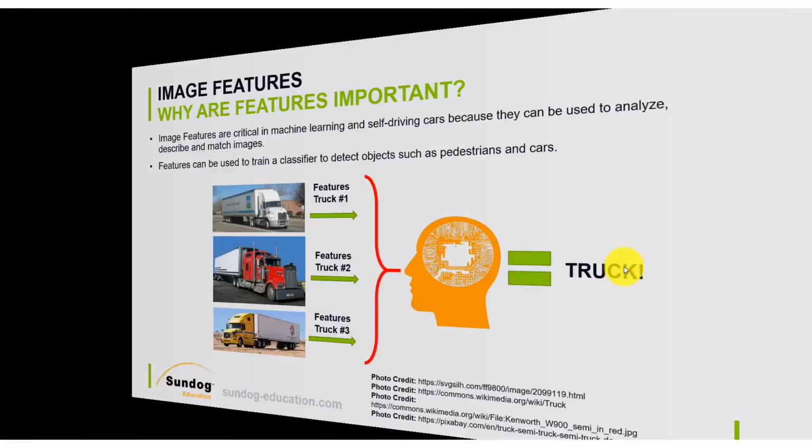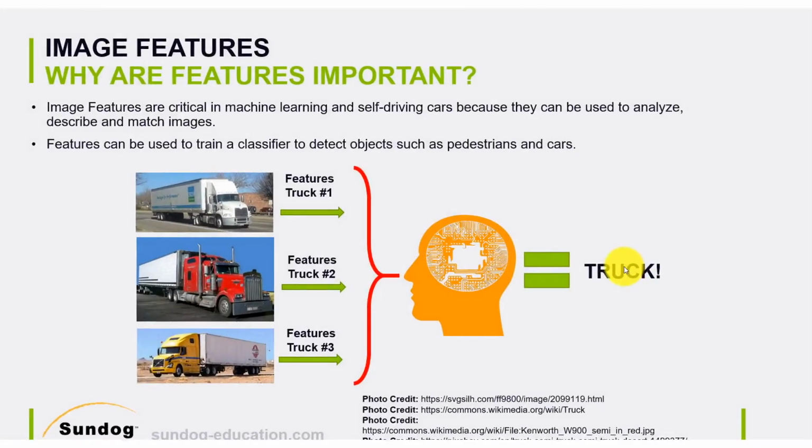Okay. So again, why are features important? As I mentioned, we could get all the different features from different images, from different truck images, for instance. So if I have, let's say, this truck, I can classify them with colors, for instance. I can say a truck might have white color, or maybe red color, or maybe yellow color, or maybe the actual body of the truck is all white, for example.